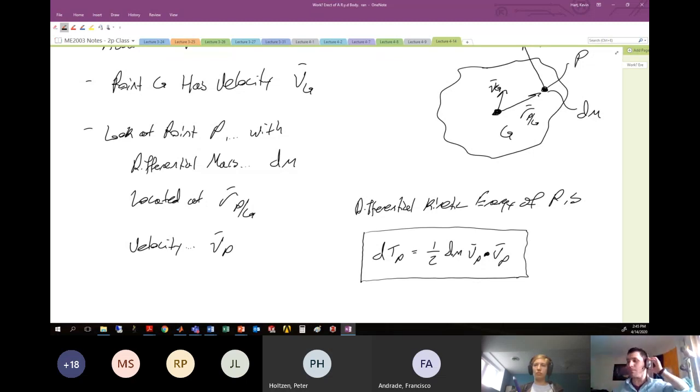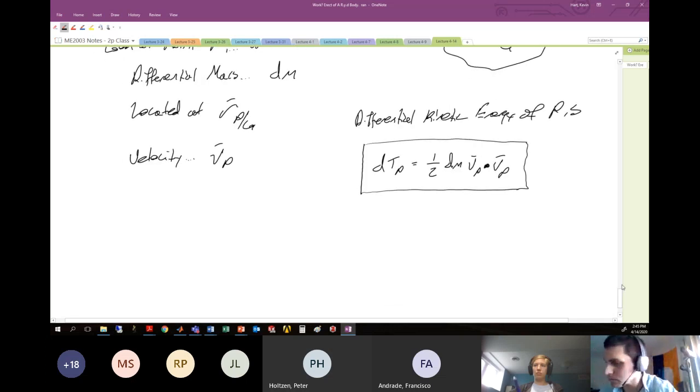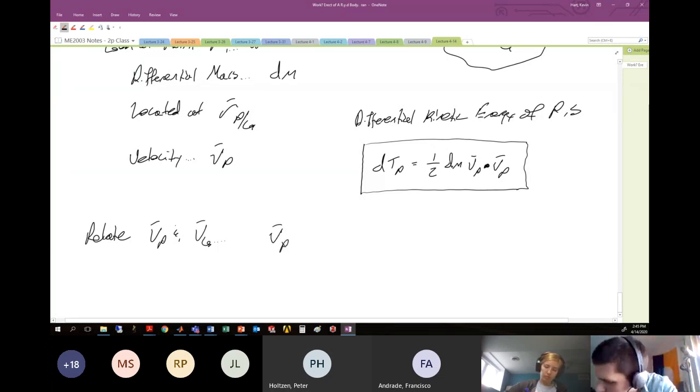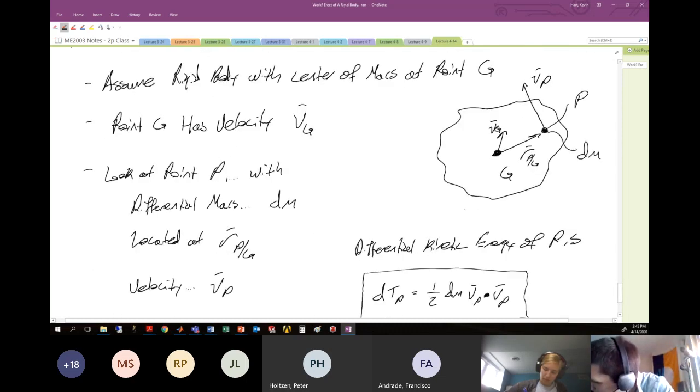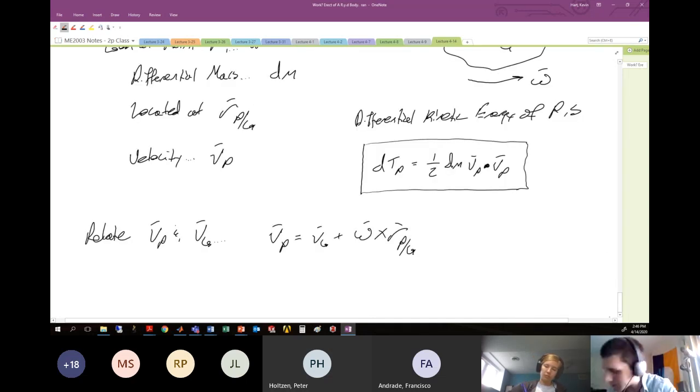Now we know a definition of the velocity of P relative to G. So we have this relative velocity equation. So let's relate Vp and Vg, meaning that the velocity here of point P is the velocity of G plus the angular velocity of this object crossed with the position vector, which locates P from G. All right, so let's say that this guy is rotating around with some angular velocity omega, and we happen to know what that is.